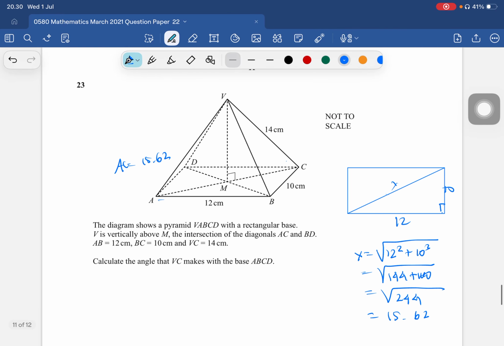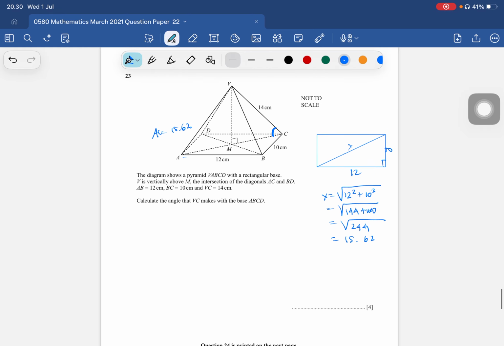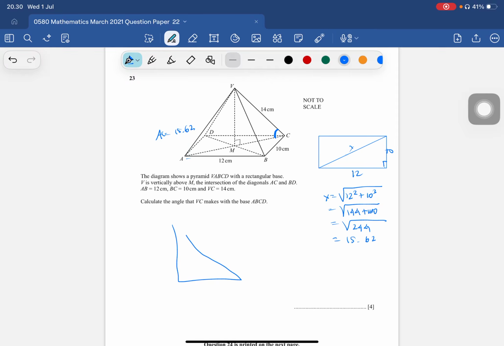Okay, to find this angle to the base, here is the triangle. This is 14, this is 15.62, and we divide the 15.62 by 2, or we make it a half. This is 7.81.